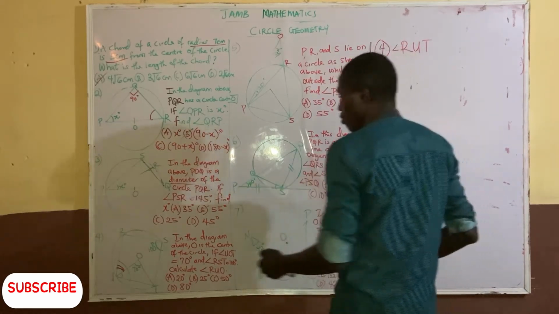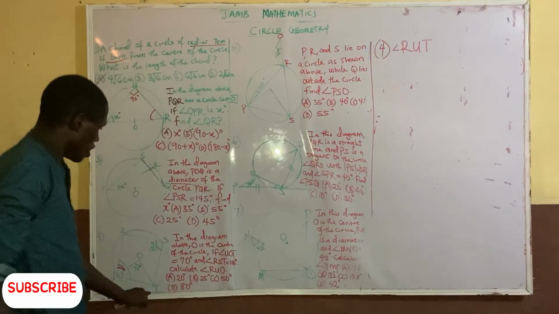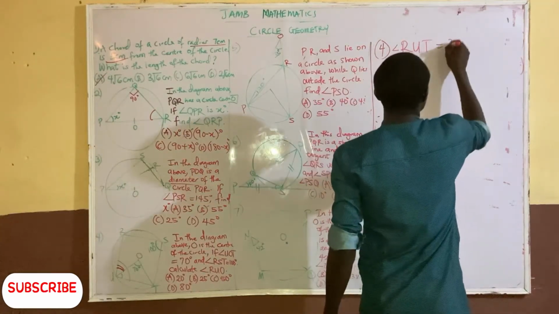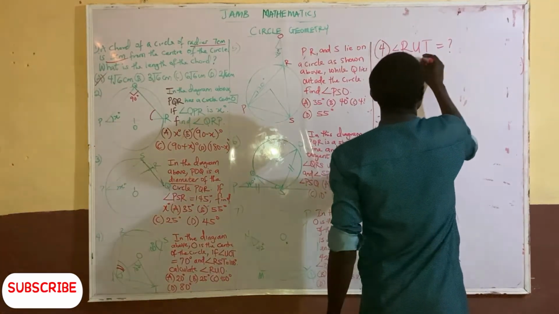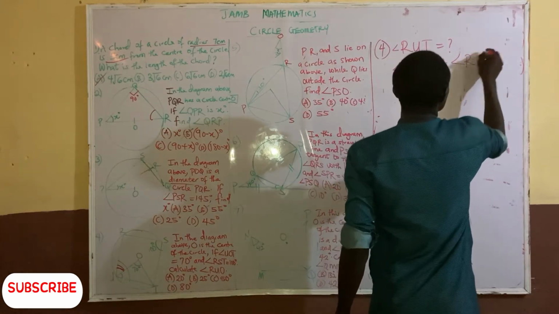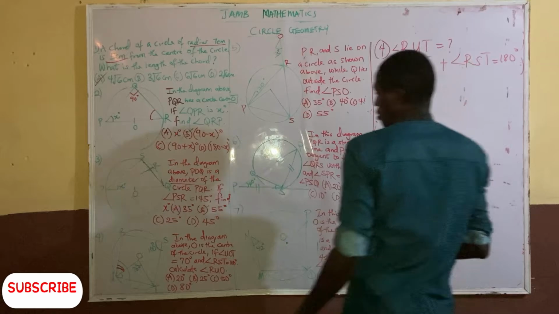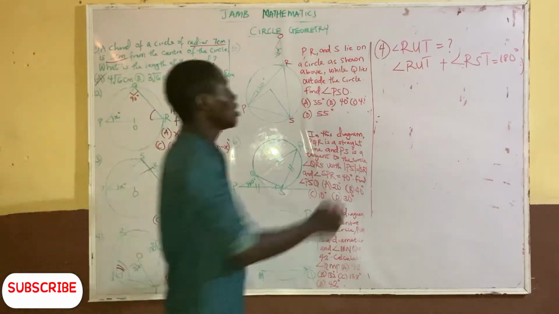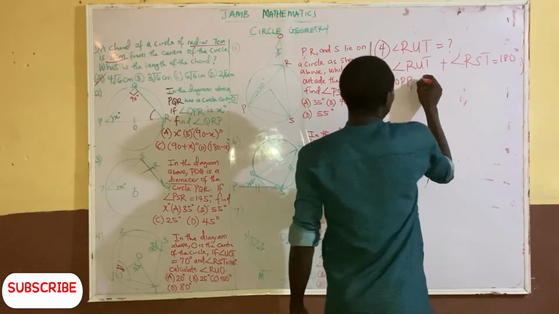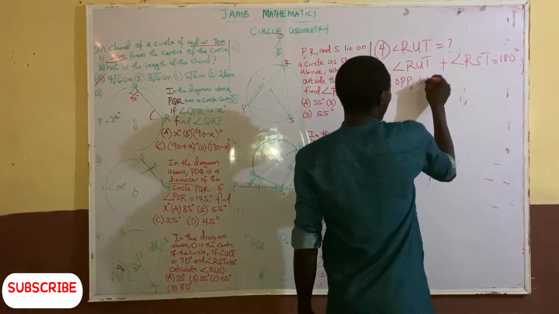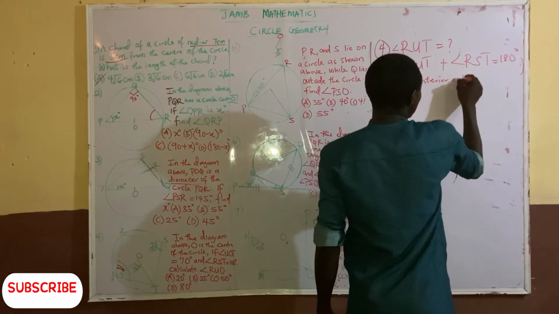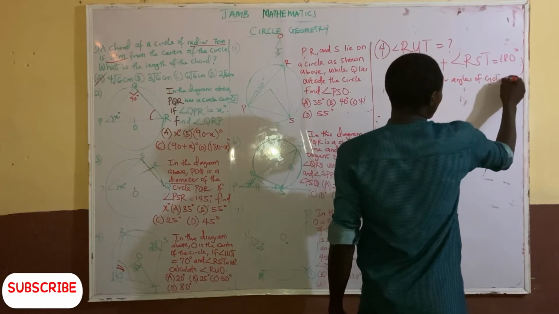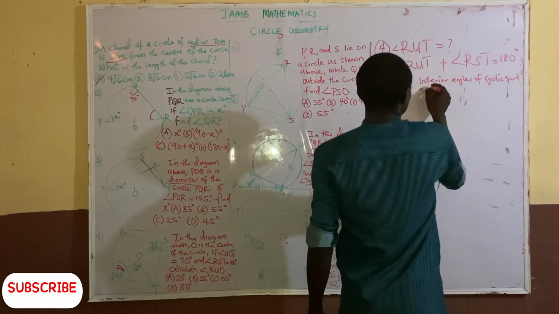How do you go about angle RUT? Angle RUT plus angle RST is equal to 180 degrees. Why? Opposite interior angles of a cyclic quadrilateral are supplementary.